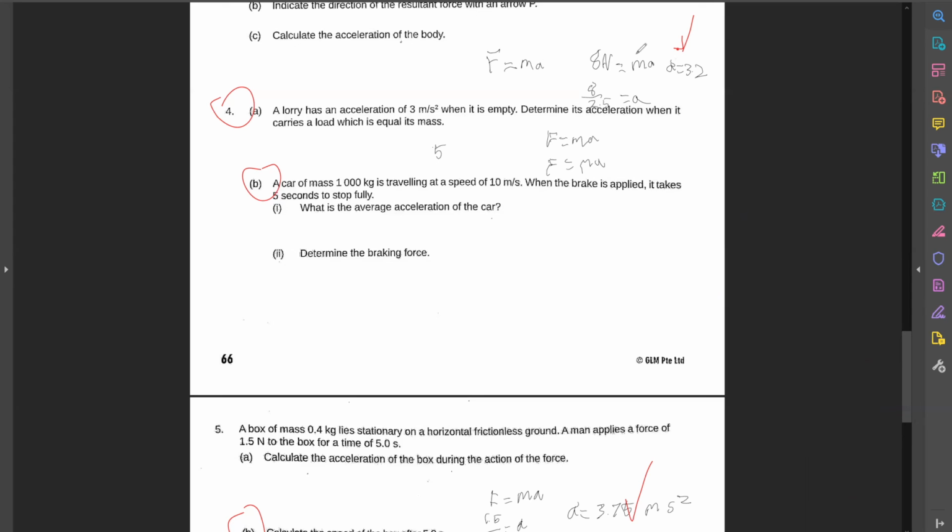4b, you have a car. This car has a mass of 1,000 kilograms. So it is traveling at a speed of 10 meters per second. So then it goes on, and then a brake is applied here.